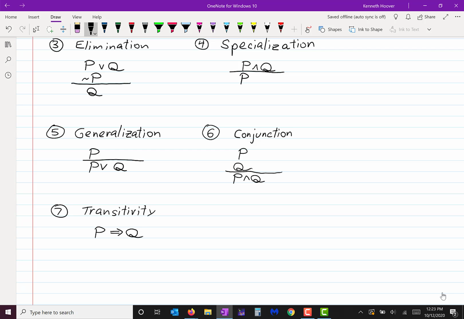And then separately from that, you're also given the statement Q implies, let's say, R. Given both of those, remember the statements you're given are called premises. So given those two premises, we can make the conclusion that P implies R.